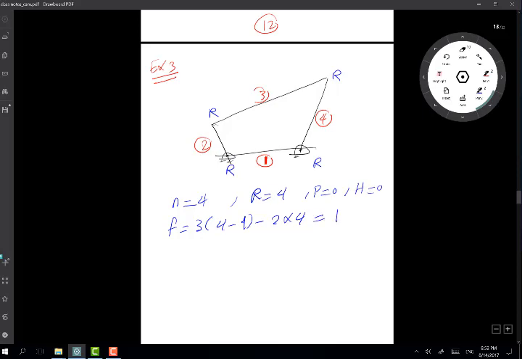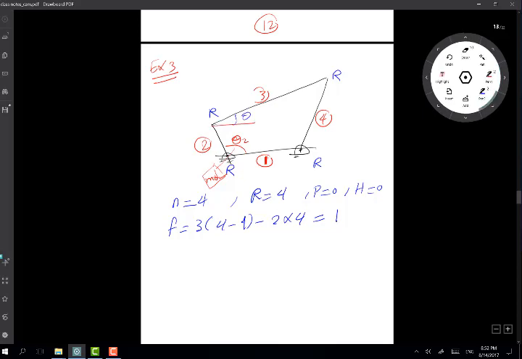So single degree of freedom, we understand that we need one motor to operate the linkage, which can be placed here, on the shortest link. It also means that with this angle theta 2, I can calculate the angle of any other link, as we'll see in future lectures: theta 3 as a function of theta 2, and theta 4 as a function of theta 2.